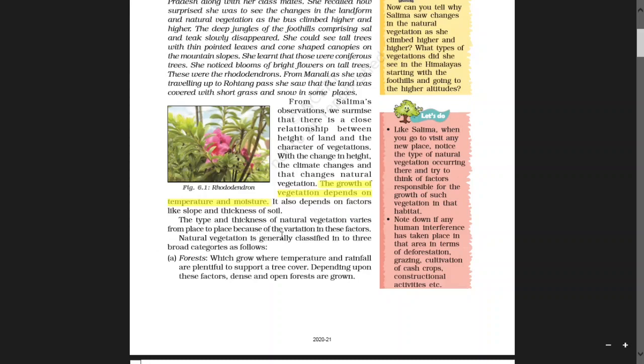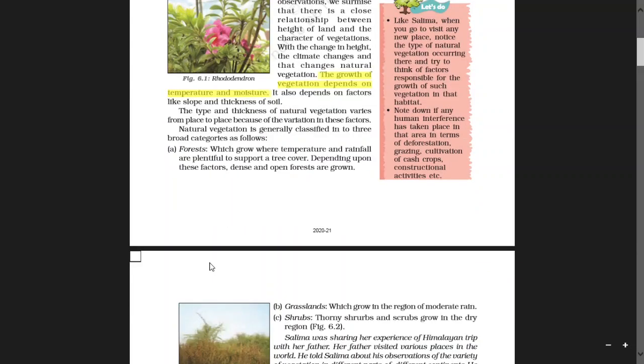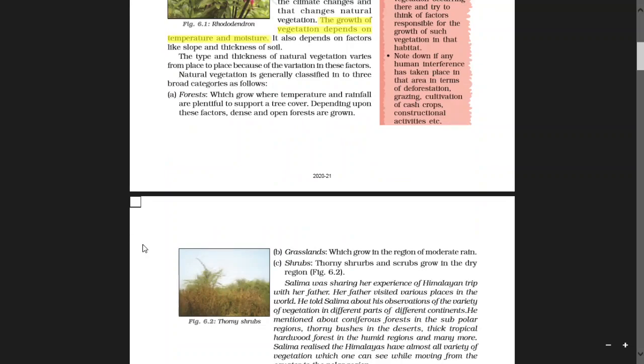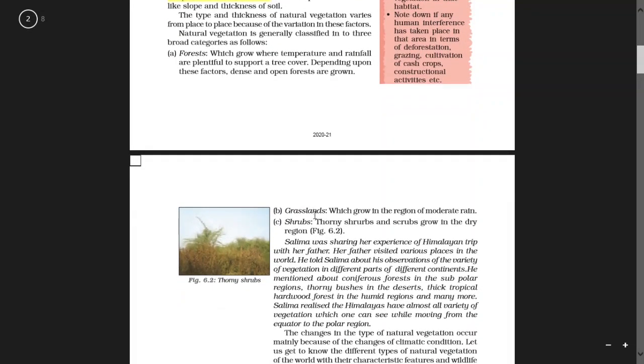Natural vegetation is generally classified into three broad categories, boys. They are forests, grasslands, and shrubs.